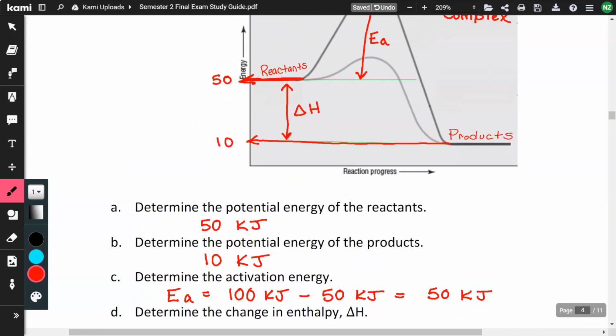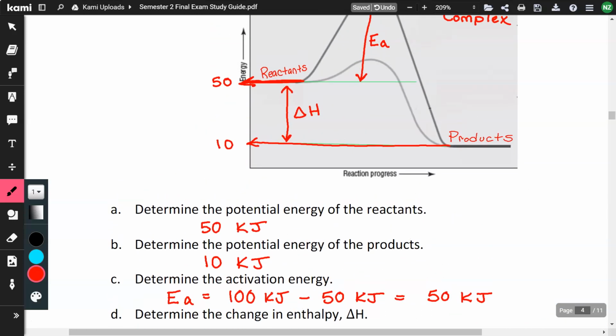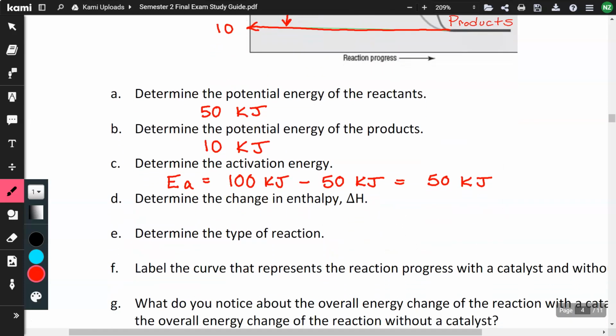Change in enthalpy, we go from 50 to 10. It's always products minus reactants. So it's going to be 10, which is our products, minus 50, which is our reactants, and we get negative 40.